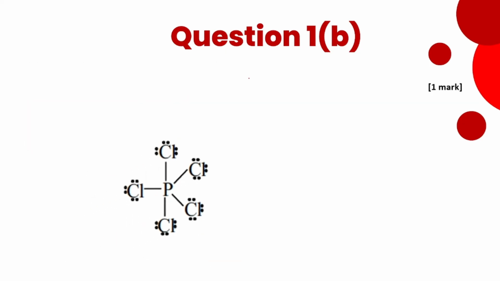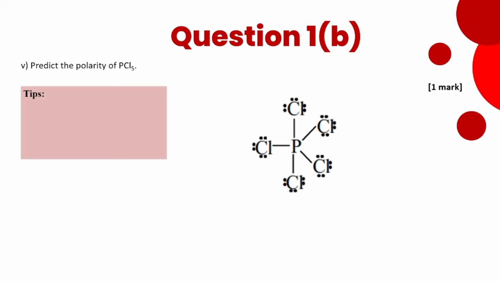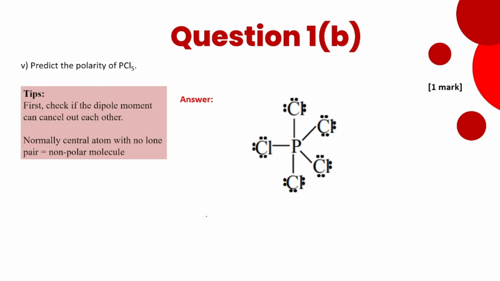And for our last question, which is V, we need to predict the polarity of PCl5. From here, you need to check if the dipole moments can cancel out each other or not. The usual tip that is given: if there is no lone pair, usually the molecule is non-polar.